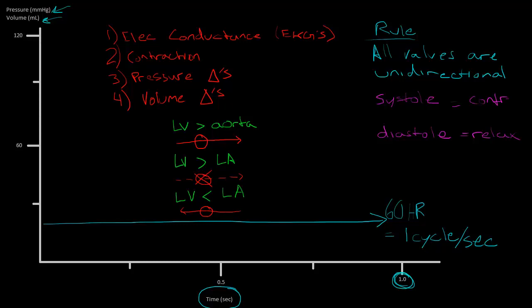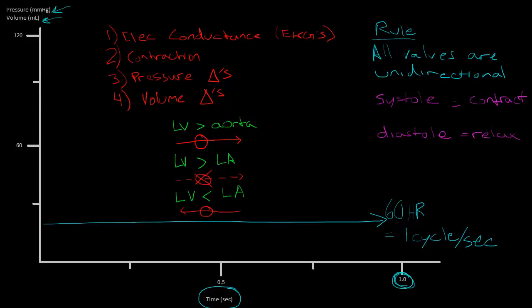I'm going to be using these words quite a bit, and when I say systole or diastole, what I'm really referring to is what's happening in the left ventricle. The left ventricle really is the powerhouse of the heart, and so I really should be referring to that as ventricular systole or ventricular diastole, because we also have an atrial systole and an atrial diastole that occur at different times.